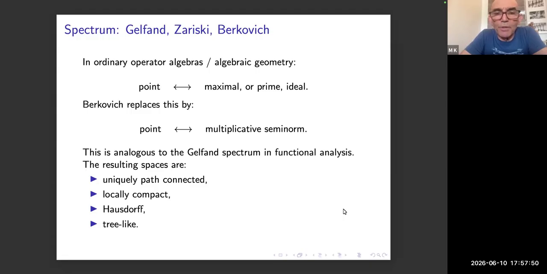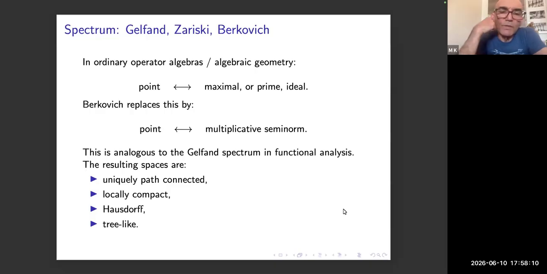So in usual operator algebra, algebraic geometry, points correspond to either maximal ideals or prime ideals, depending on whether you are in algebra or analysis. C-star algebras, maximal ideals; Banach algebras, maximal ideals. In pure algebra, you use prime ideals. You have to.